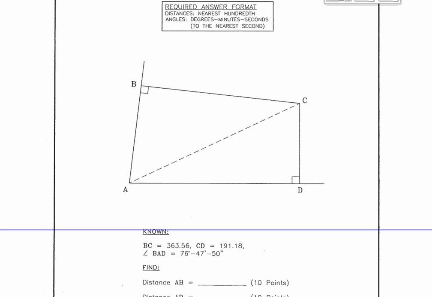I'm calling BC capital A, so 363.56 is capital A, that distance right there. And I'm calling CD capital B, so 191.18. I'm going to store as capital B.